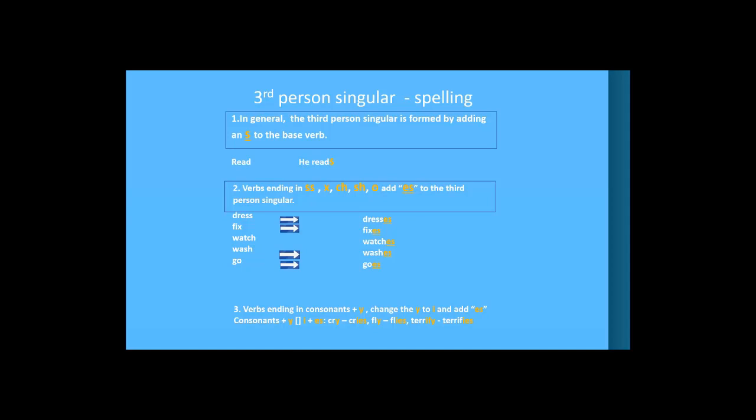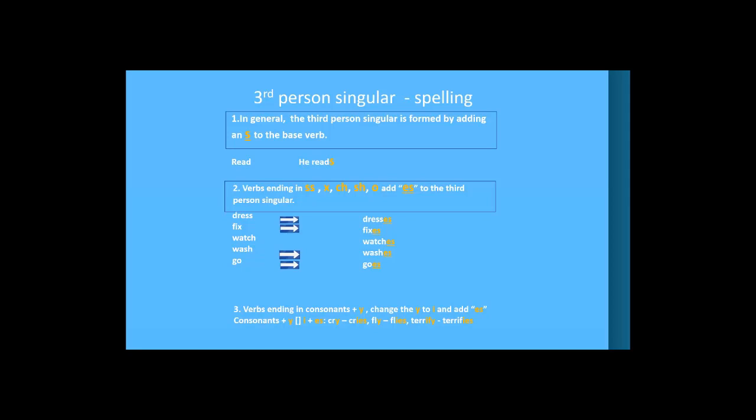Okay, so cry becomes cries. Fly, again ending with a Y, before the Y is an L, which is a consonant, so we remove the Y, add an I and ES. And then the last example here is we've got the verb terrify, and ending in a Y. Before the Y we have an F, so we remove the Y, put an I and then ES.